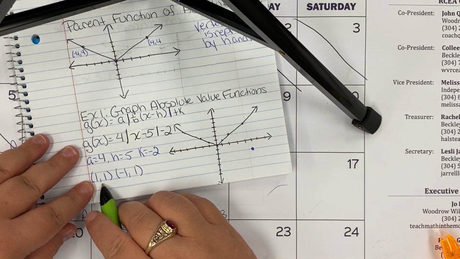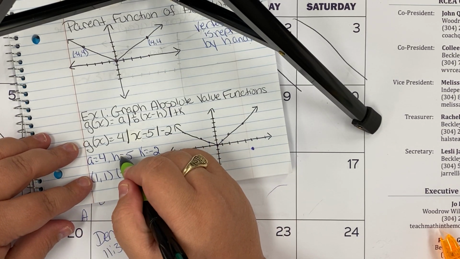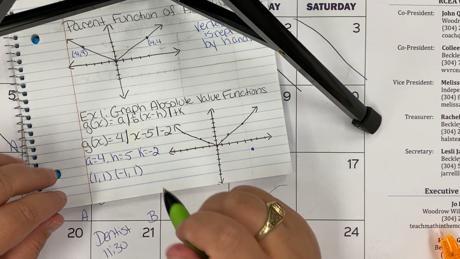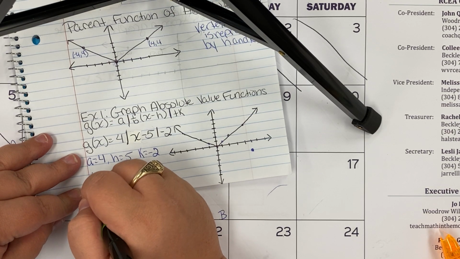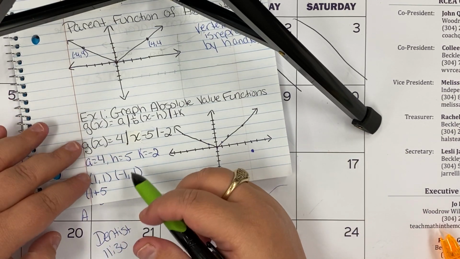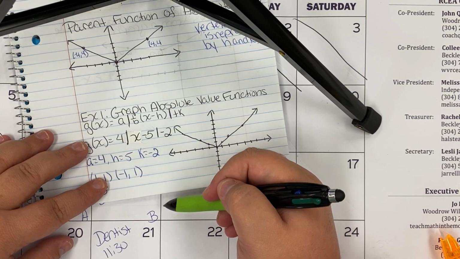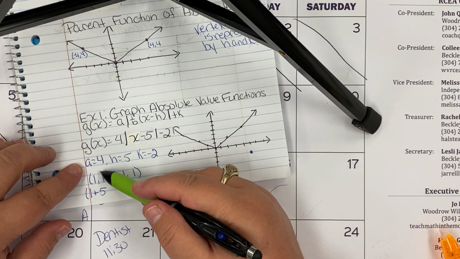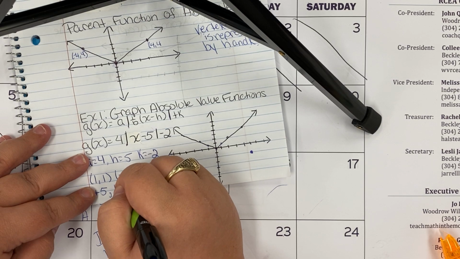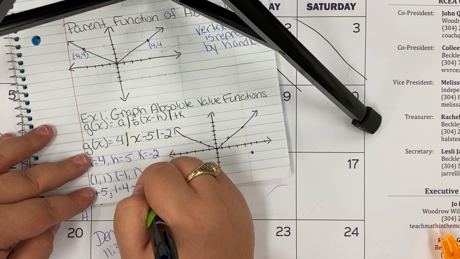In order to see where that point 1, 1 is going to end up, I know h is moving me in my x direction. So in order to get my new x value, I'm going to take 1 plus 5. So I'm adding 5, I'm moving 5 units. My y value, not only is it being shifted down 2, we also have this a factor. So it's being multiplied by a factor of 4. So I'm going to take 1 times 4, and then I'm going to subtract 2.